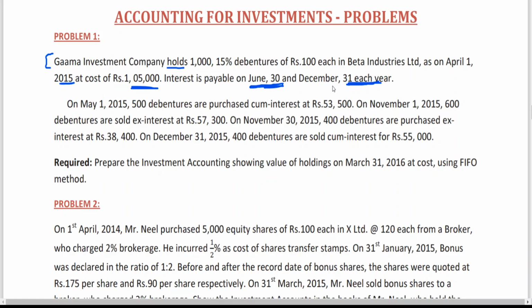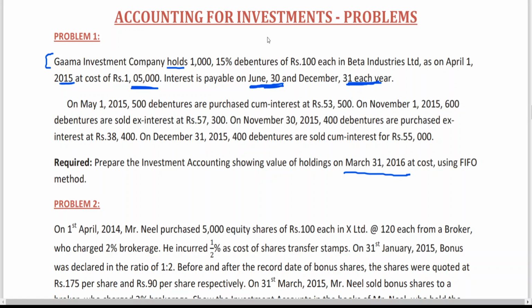Why accrued interest, sir? The reason is that the last date of payment of interest was on 31st December. Is this clear? And whereas you have a balance on 1st April, and you can see they are closing the books on 31st March 16.